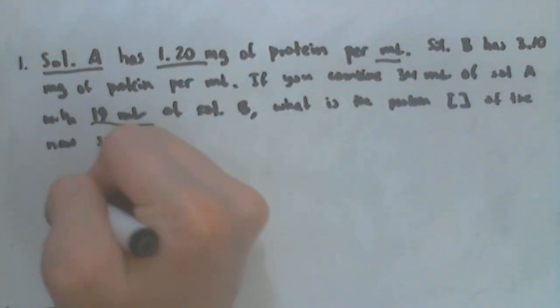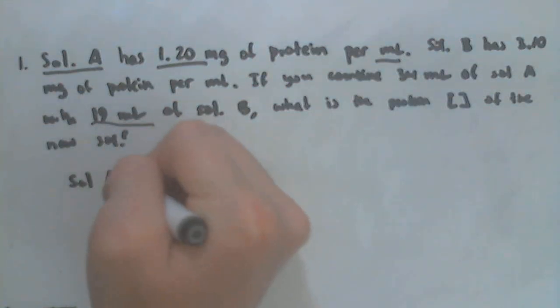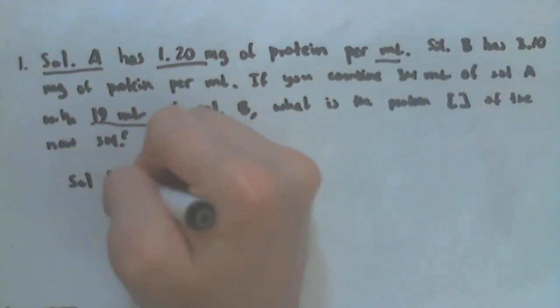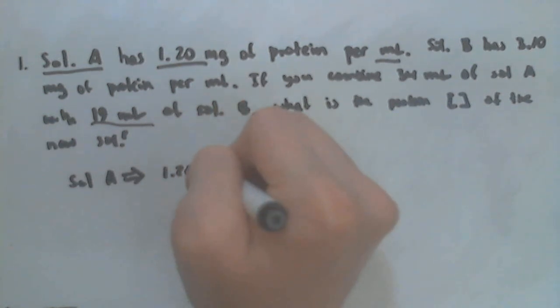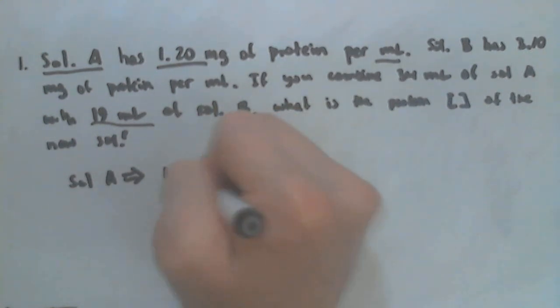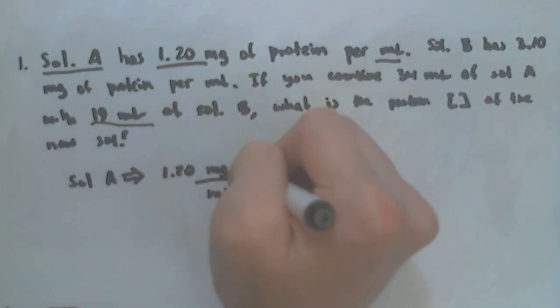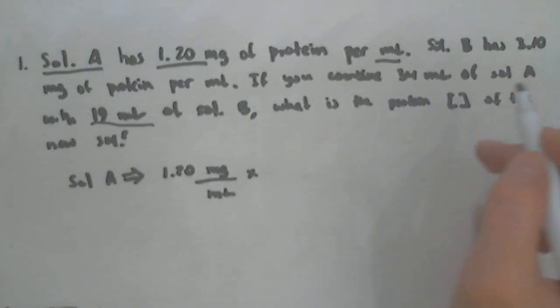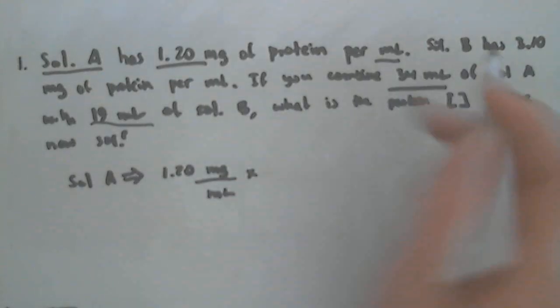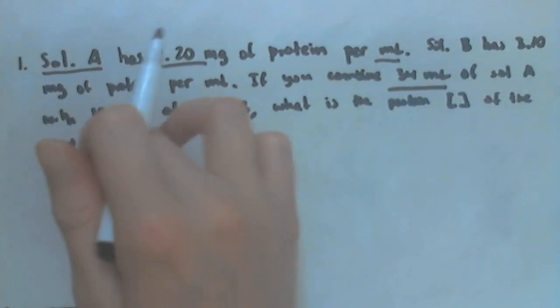So let's talk about solution A, just solution A at this point. I'm going to write an arrow. So we have 1.20 milligrams of protein per milliliter, and we're going to multiply by, oh sorry, 34 milliliters of solution A. My bad, let me not confuse you.